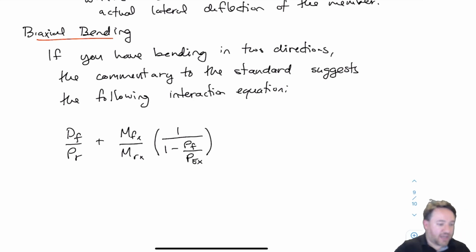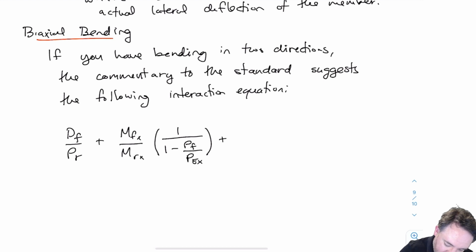Which means that the I will be that moment of inertia for bending in that direction, and same for the LE, the effective length. So you're going to use an effective length and an I for the X direction bending, which is the bending for MFX over MRX.